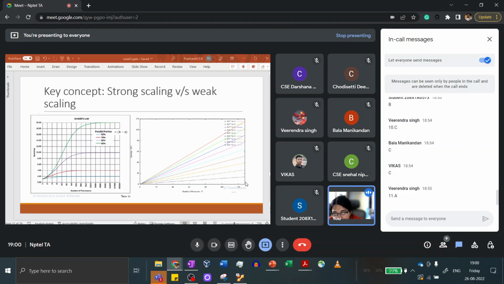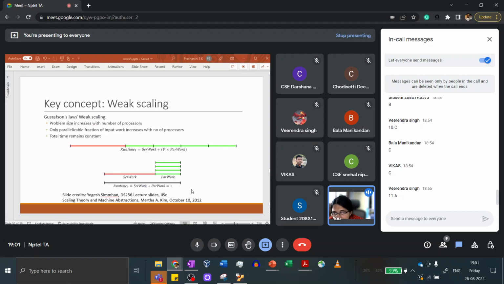But the interesting thing here is that you're still getting a speed up, right? And that is because you're not only increasing the number of processors, but the work itself is increasing now. And therefore, your time remains the same and you get this much of a benefit from adding those number of processors, right? So this is termed as weak scaling, and both of these are valid, right?